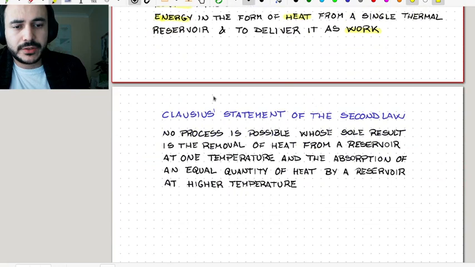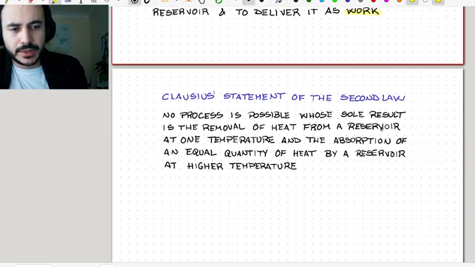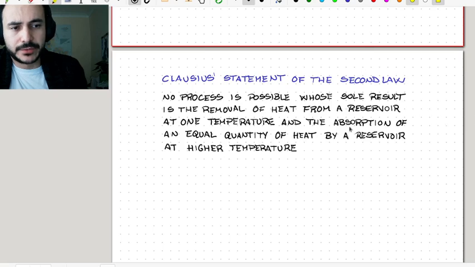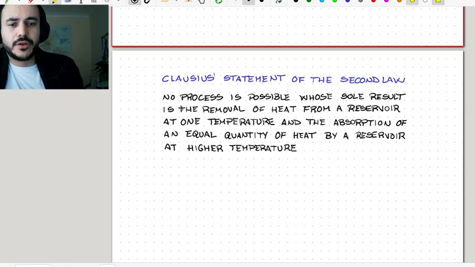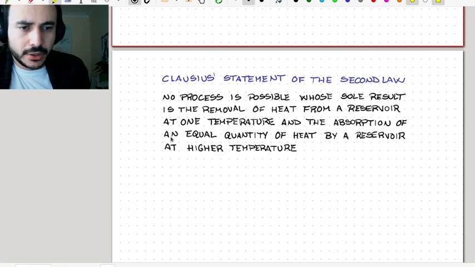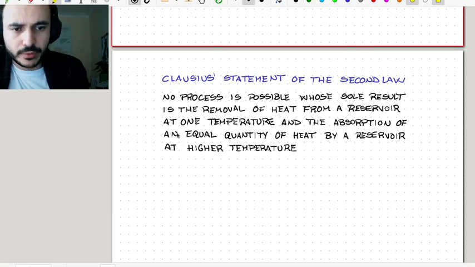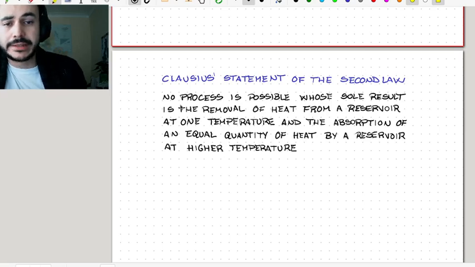But this one here seems very different. And if we want to say that this is equivalent to Lord Kelvin's statement, we have to prove it somehow. So it says, no process is possible whose sole result is the removal of heat from a reservoir at one temperature and the absorption of an equal quantity of heat by a reservoir at a higher temperature.